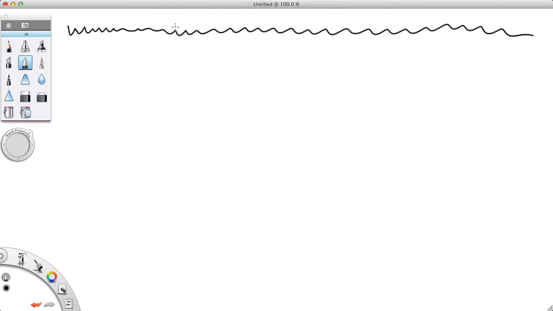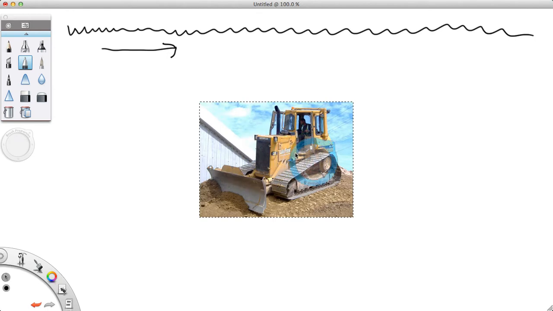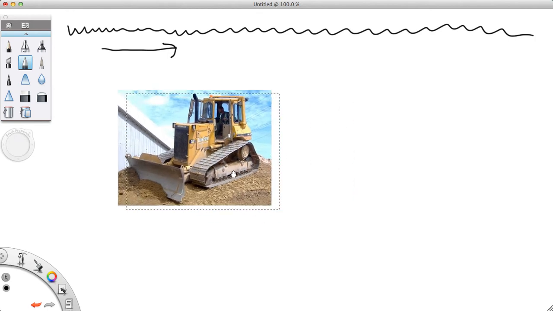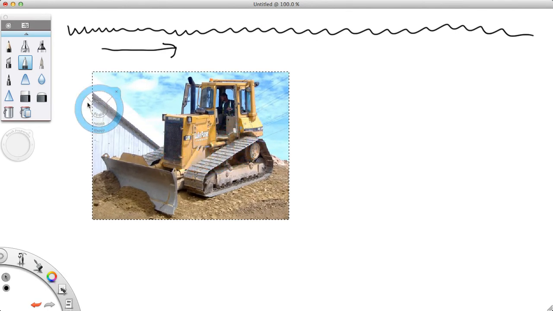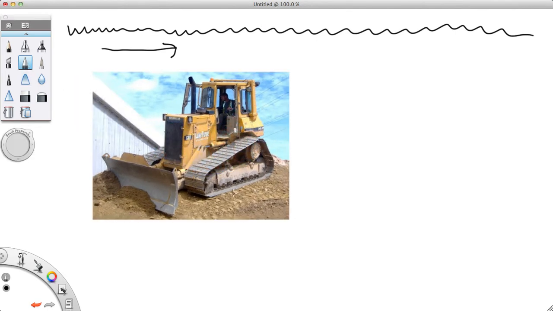I'm adding force to press down, I'm adding force to move the pen towards the right. There's forces acting on that. Also with this example right here, this is a picture of a bulldozer. If you take a look here, there's some forces acting on this. The bulldozer is moving the dirt. There's force from the bulldozer moving the dirt.